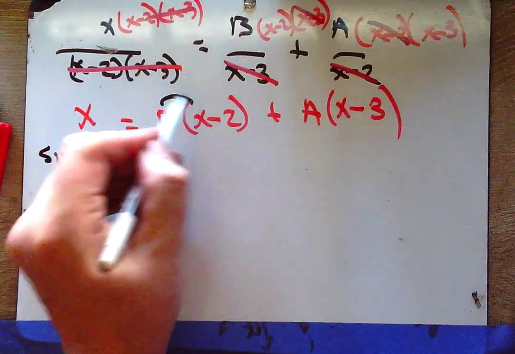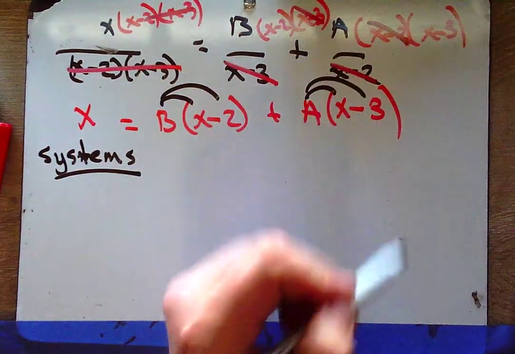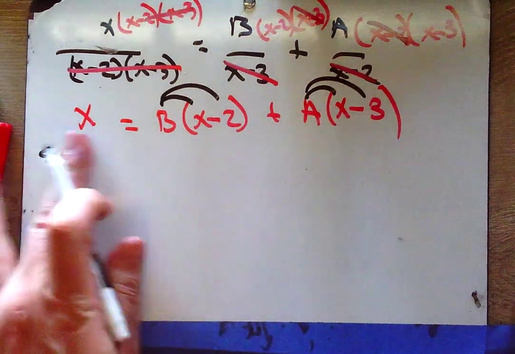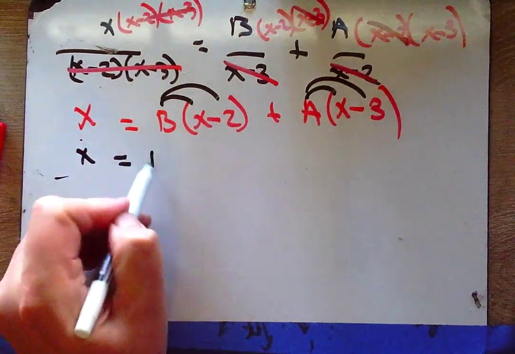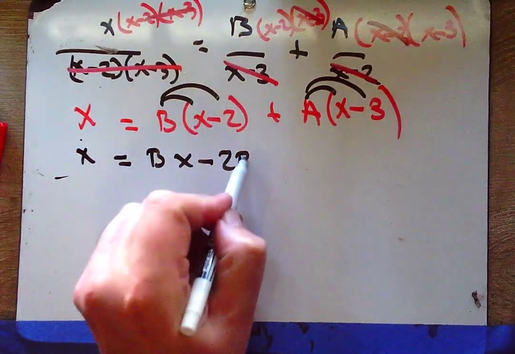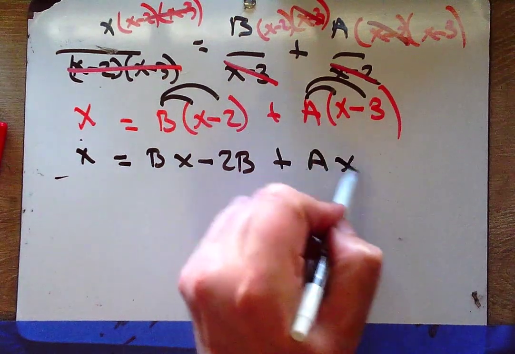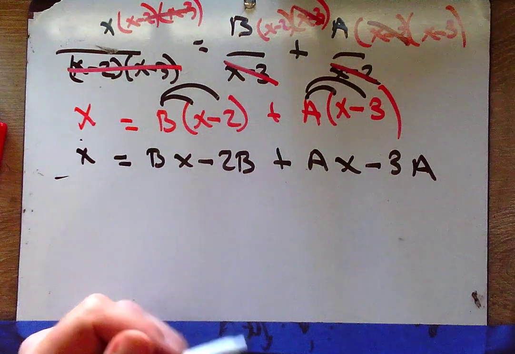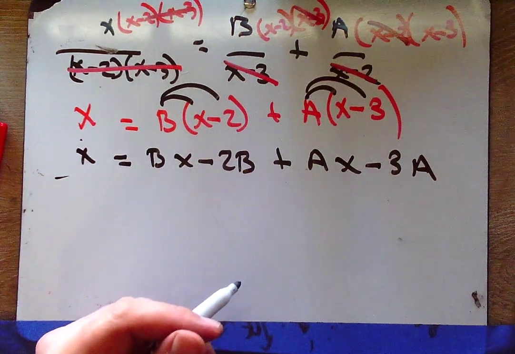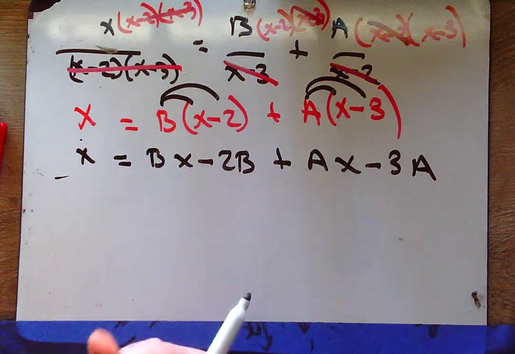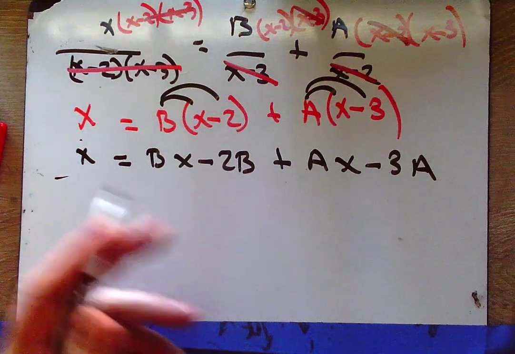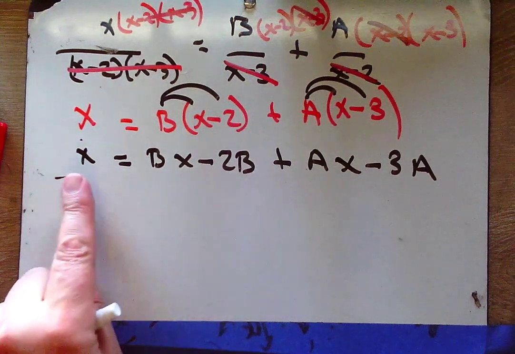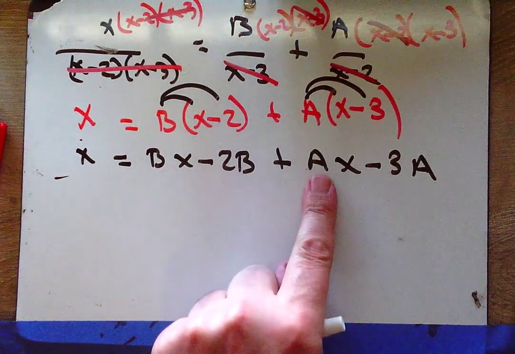Well, systems starts by distributing. Okay, so I distribute. I get x equals bx minus 2b plus ax minus 3a. And now what I want to do is group this into some different equations. The first equation is just going to have x stuff in it, like this, and this, and this.